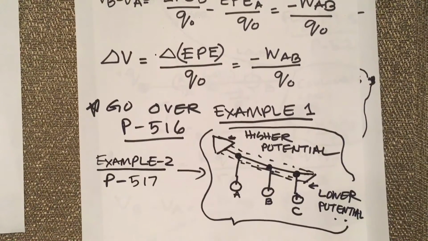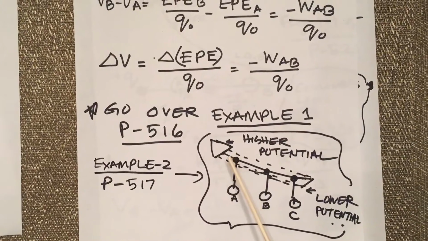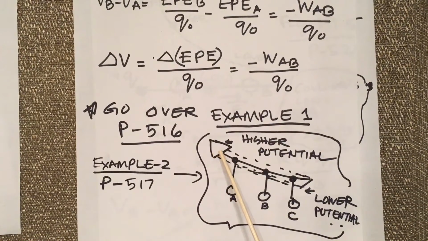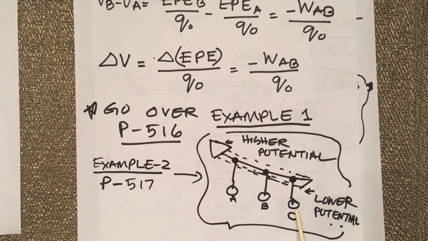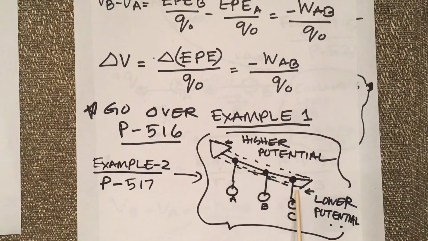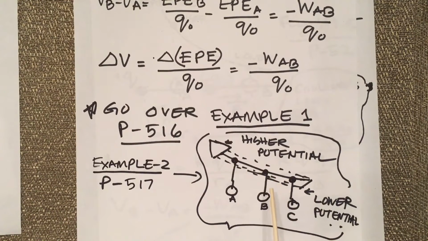In example 2 on 517, we have one point, A, at a higher potential, and C at a lower potential. In between we have B, which is potential-wise in between A and C. Let's say the potential for A is 10, potential for C is 4, then let's say B will be somewhere in between, like 6 maybe, I'm just guessing a number, any number it could be.